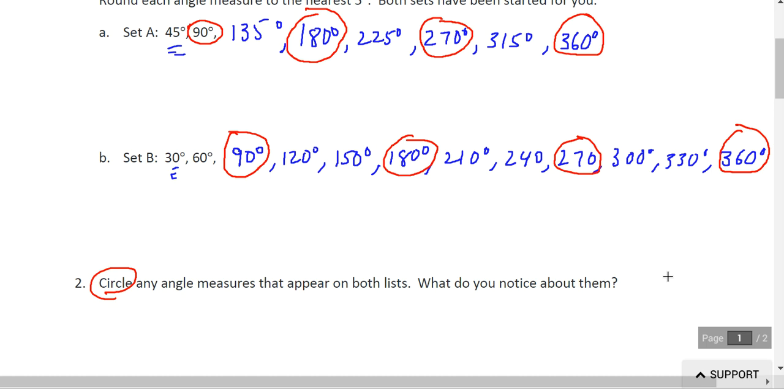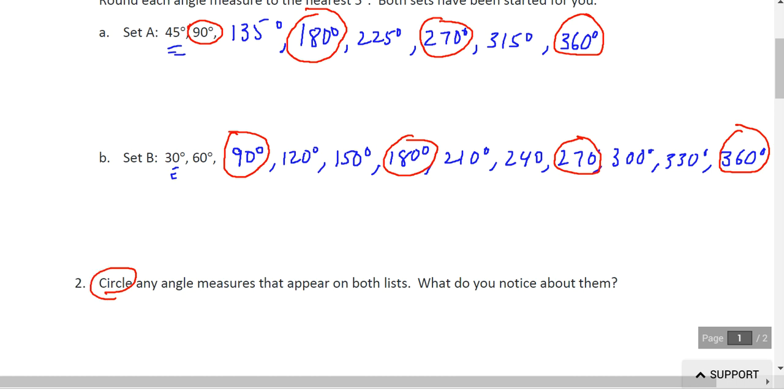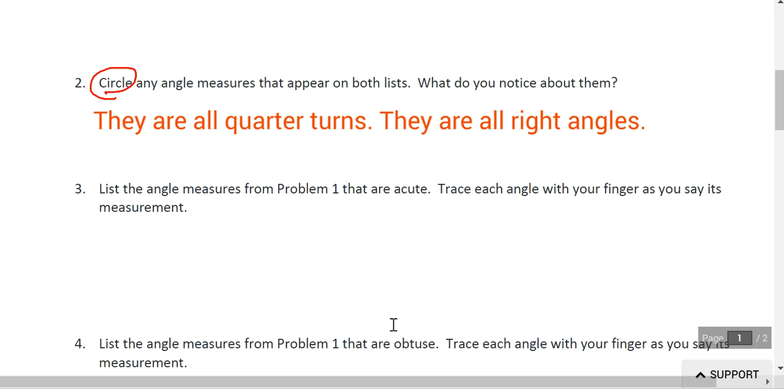What do you notice about those 90, 180, 270, and 360? What do you notice about those angles? Pause the video and hit play when you're ready. All right, well, they're all quarter turns and they're all right angles.